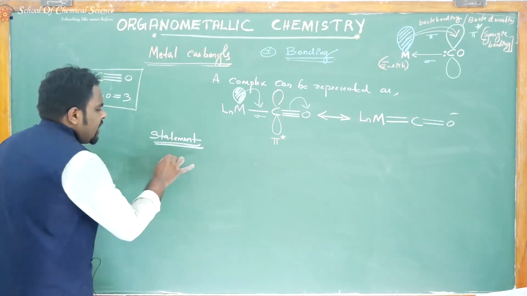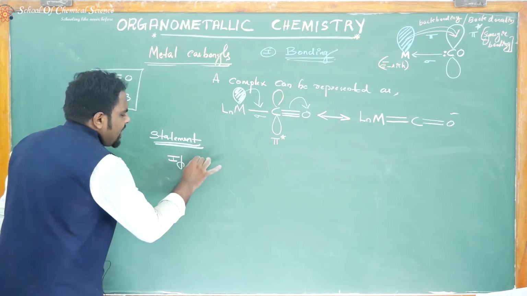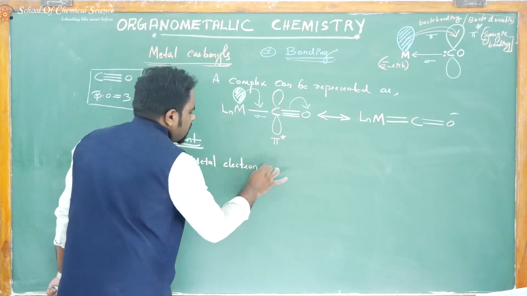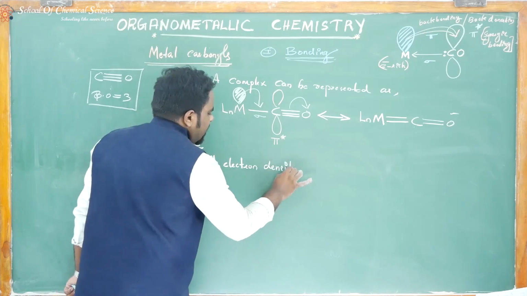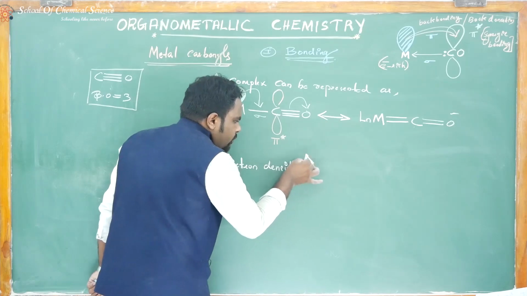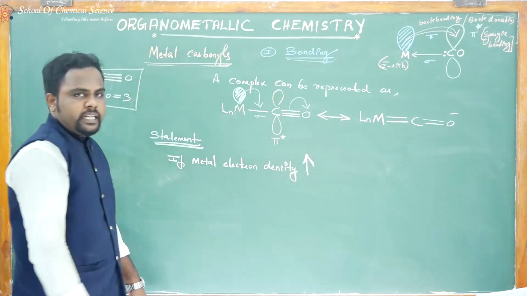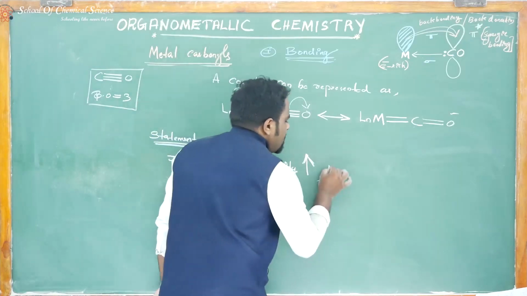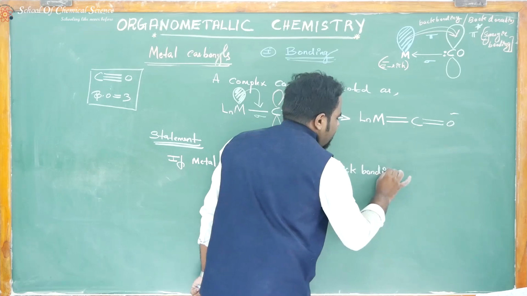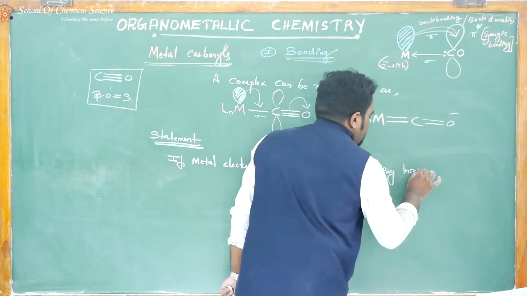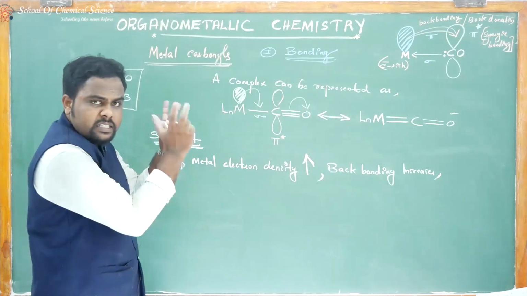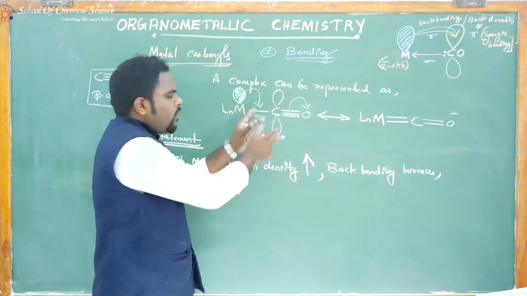Then if metal electron density increases, put this arrow, what happens? Back bonding increases. Metal electron density increases, back bonding increases, the metal is surplus electron rich, back bonding increases.